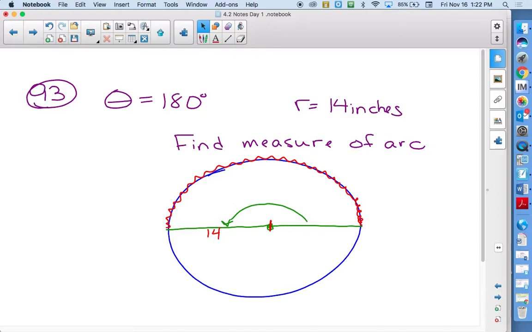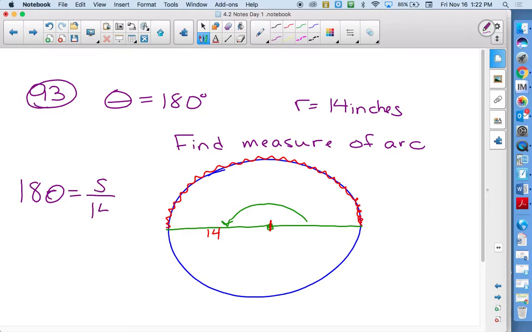Well, I said 180 equal to S divided by 14. Okay, so he said 180 is equal to S over 14. And that formula is a formula that we talked about 2 days ago on Wednesday. It's also one of the formulas on the fact sheet that you got on Monday. So an angle is equal to S over 14.